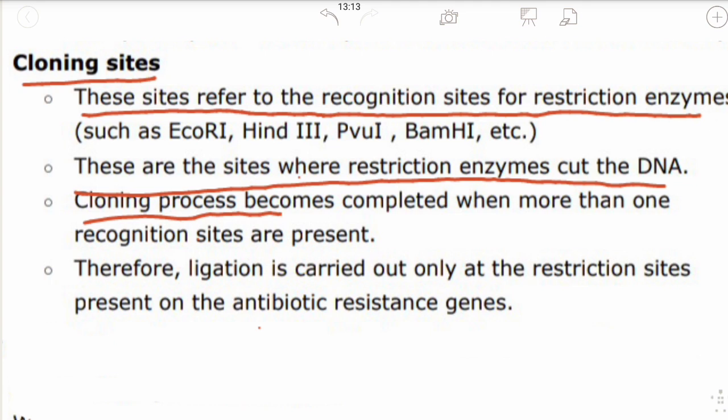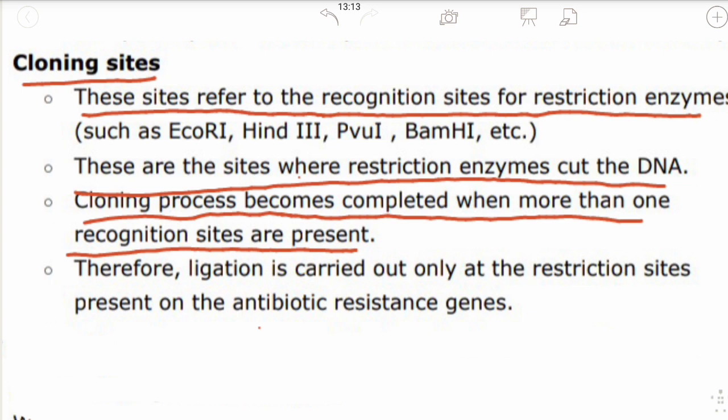A cloning vector becomes complete when one or more recognition sites are present. To link the alien DNA, the vector needs to have a few or a single recognition site, for the commonly used restriction enzyme.